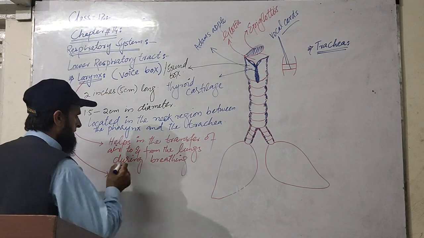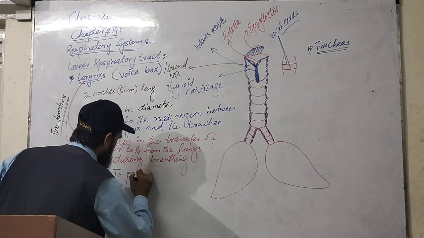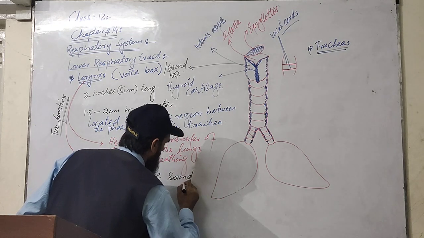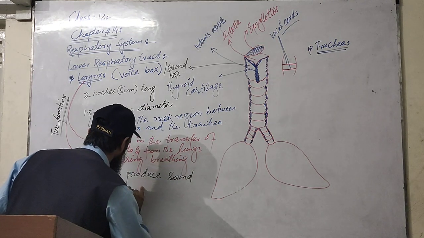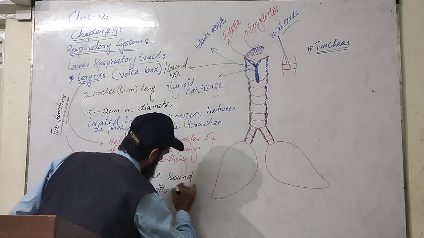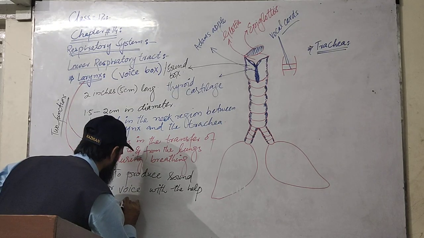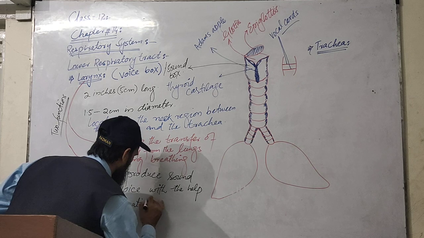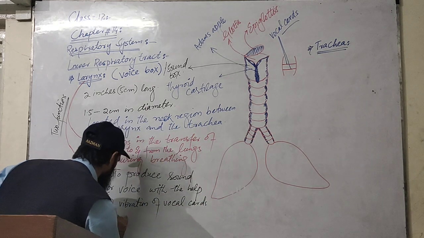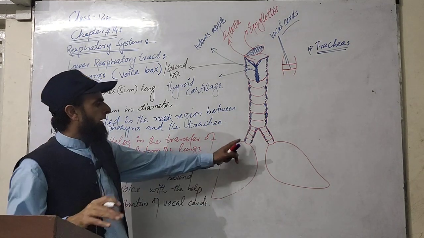Its second function is to produce sound or voice with the help of vibration of vocal cords, which is done by the air pumped from the lungs.